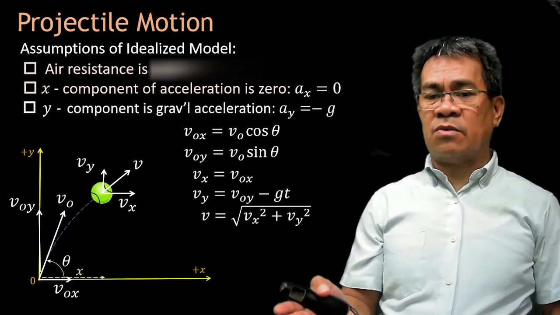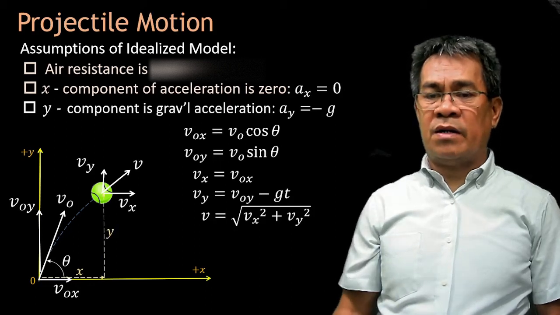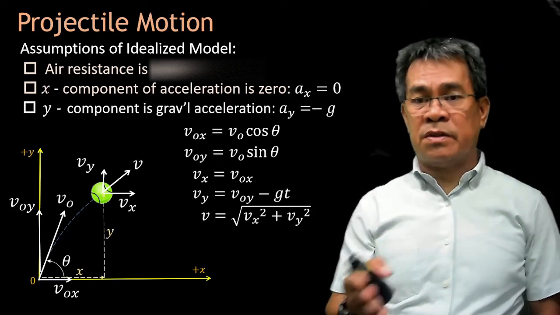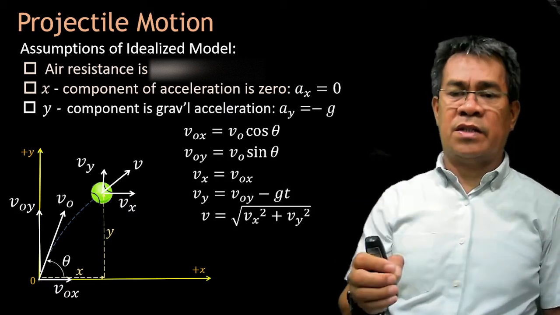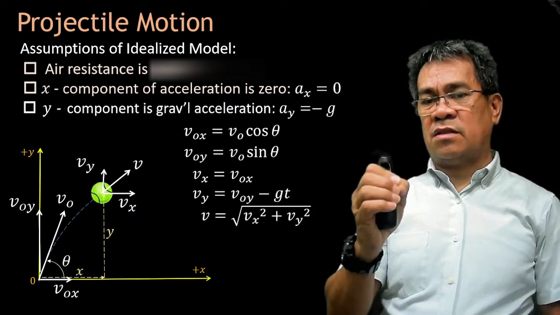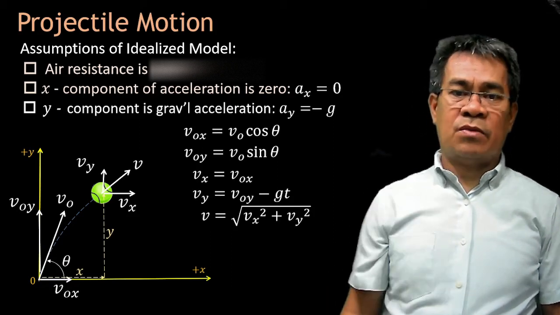Now, the x position and the y position should be determined also, because those are the instruments that we can use to locate the position of the particle in projectile motion.